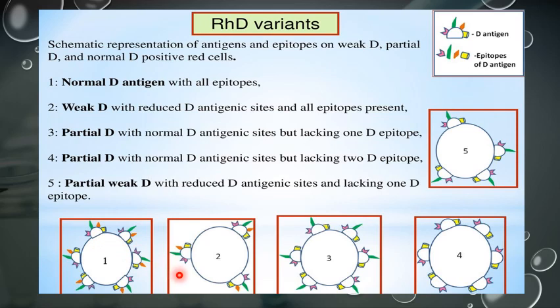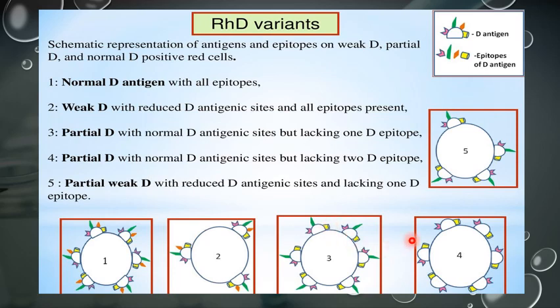Number 2 is weak D with reduced D antigenic sites and all epitopes are present. So, sa napapansin nyo, tatlo lang yung antigenic sites. And then, kompleto pa rin yung epitopes. Number 3 is the partial D with normal D antigenic sites but lacking one D epitope. So, normal lang yung antigenic sites pero kulang ng isang D epitope, yung D antigen.